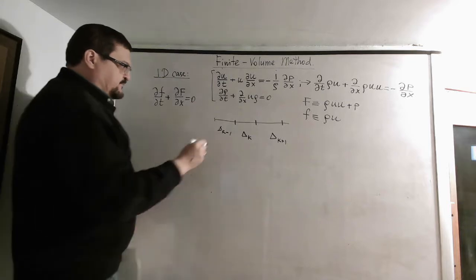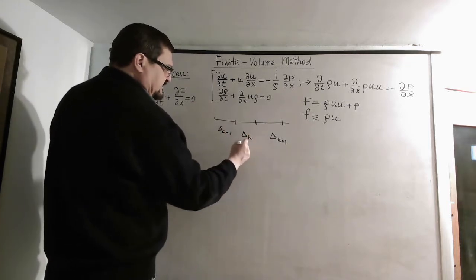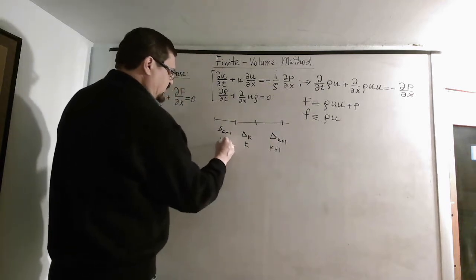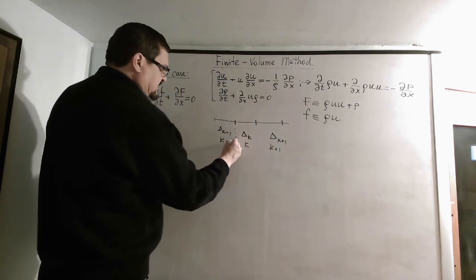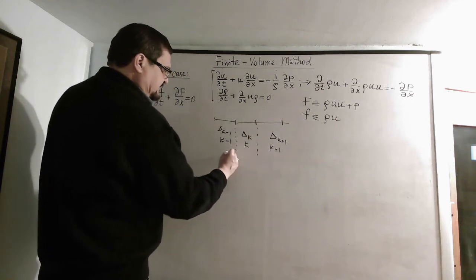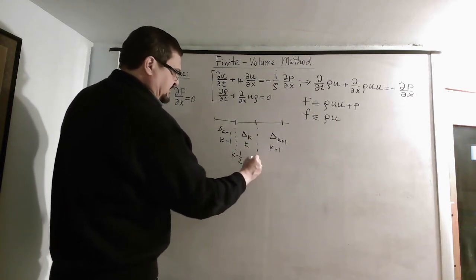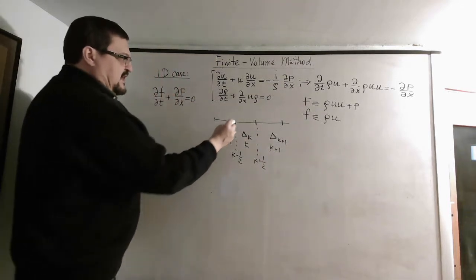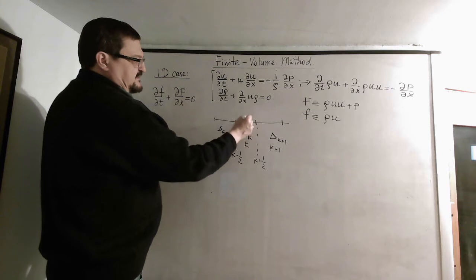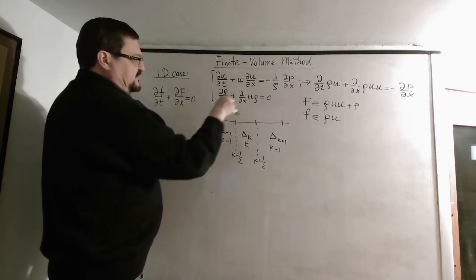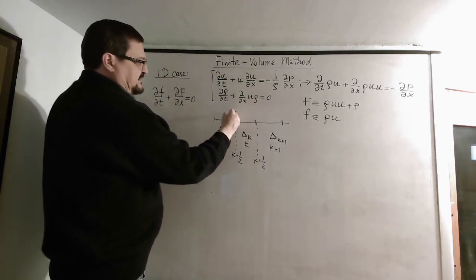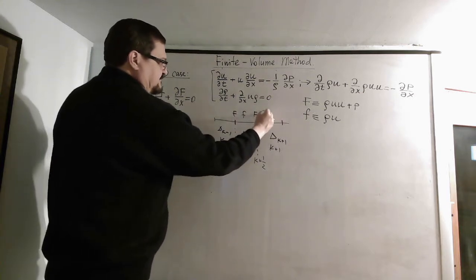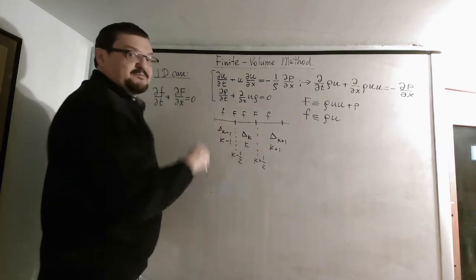So these cells will have indices k plus 1 and k minus 1, and the boundaries will have indices like k minus 1/2, in the middle, and k plus 1/2. Our f is defined inside the cell, and the fluxes, because of the differences, are defined at the cell boundaries, while f is defined in the middle, but not at a specific point.